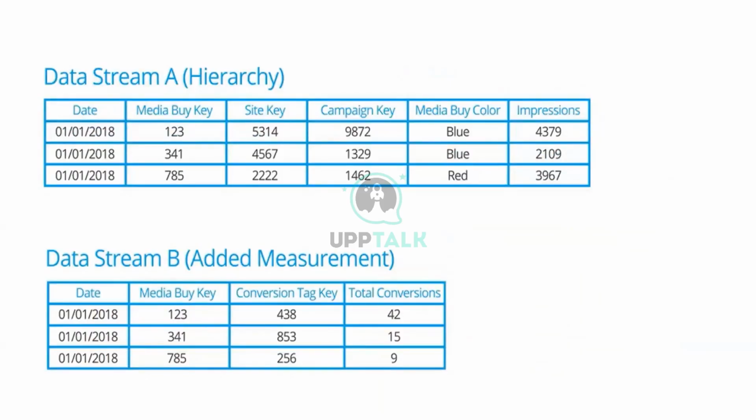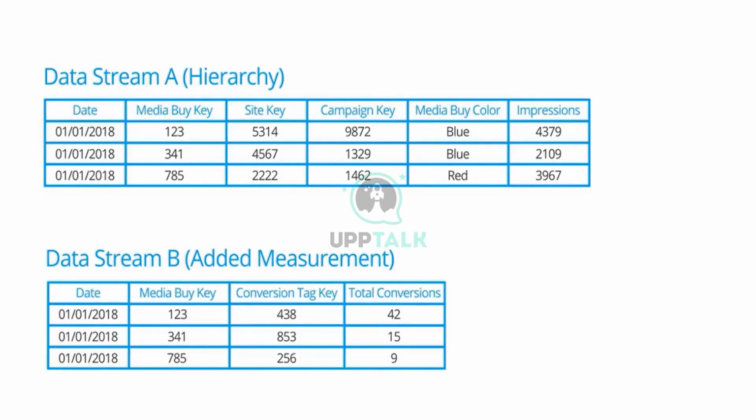I'm just taking it quickly from here because I've shown you all the types of parent-child that can be done. Data stream A is the hierarchy. Always keep in mind a full hierarchy versus a data set with less hierarchy.